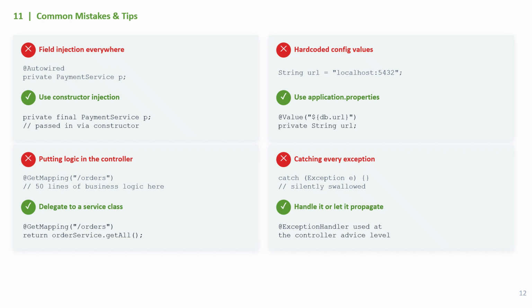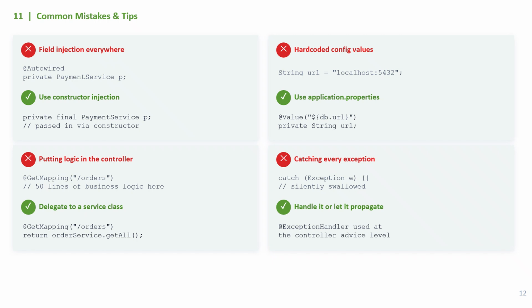The third mistake is putting too much logic directly inside your controller. Sometimes 50 lines of business logic crammed into one method. The better approach is to delegate that logic to a service class and keep your controller method short and focused only on handling the request.